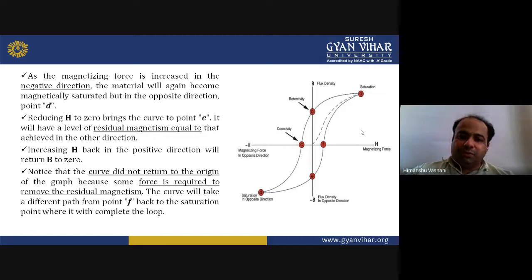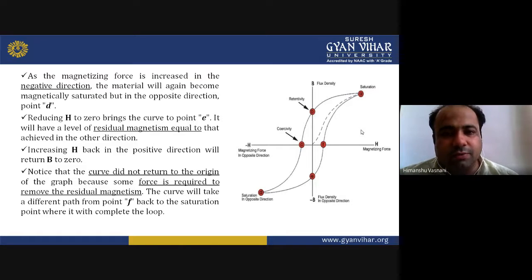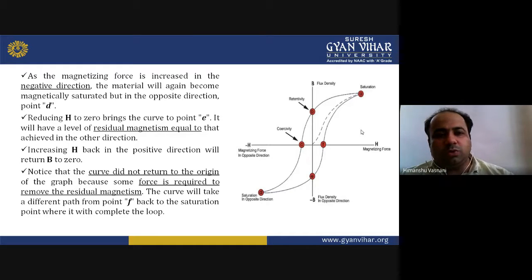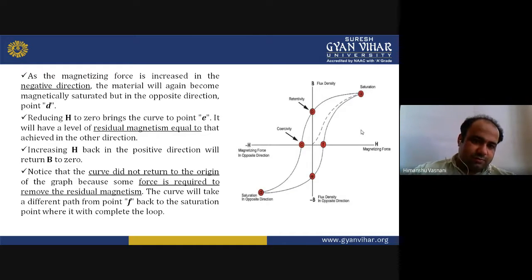Reducing H, the magnetizing force, to zero brings the curve to point small e. It will have a level of residual magnetism equal to that achieved in the other direction.